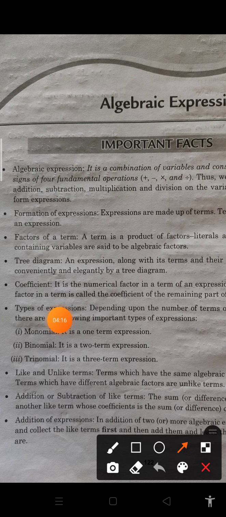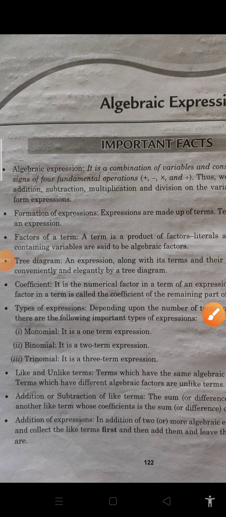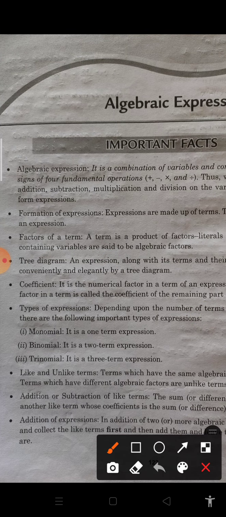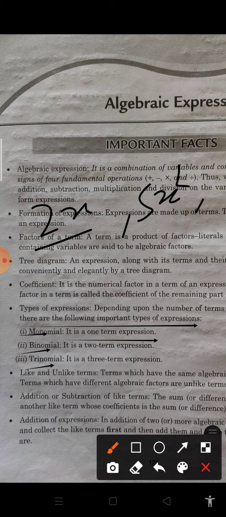Types of expressions, depending upon the number of terms in the expression. There are the following important types of expressions: monomial, binomial, trinomial. A monomial is a one-term expression, like 2x, 5x square, 7 by 3z.